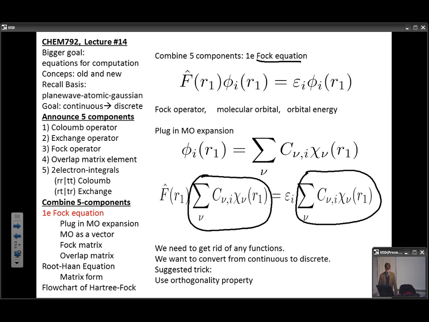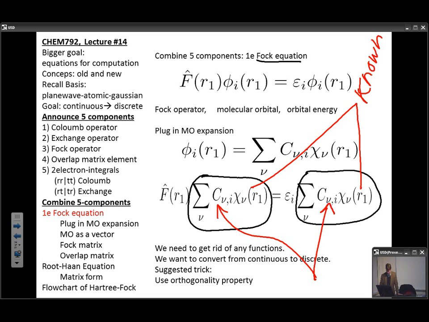So our atomic orbitals are known. We do not need to find them. But our expansion coefficients and energy are unknown. So practically, we need some little trick to eliminate the known atomic orbitals from this equation. So we are looking for some trick to eliminate atomic orbitals.